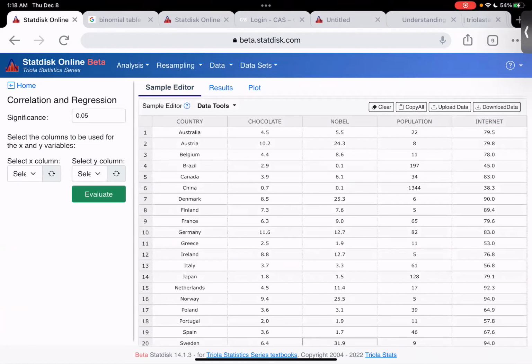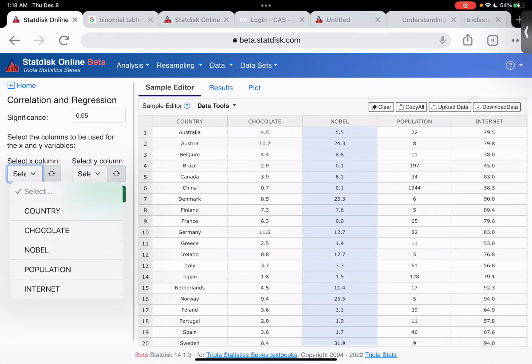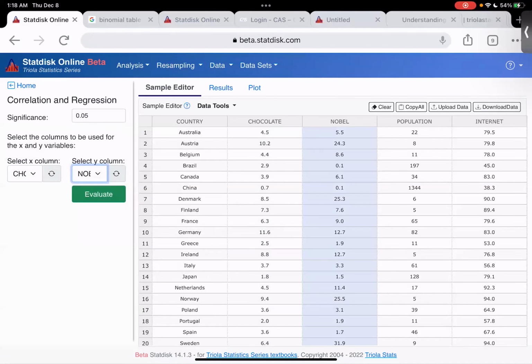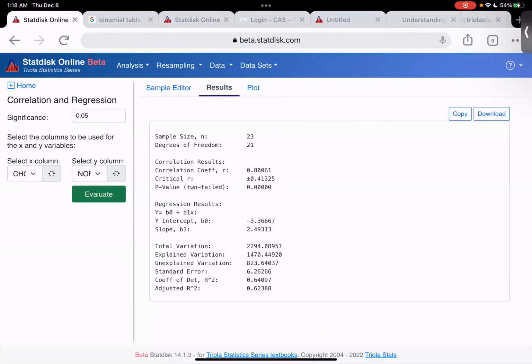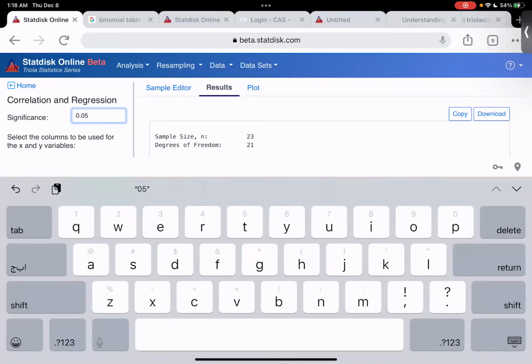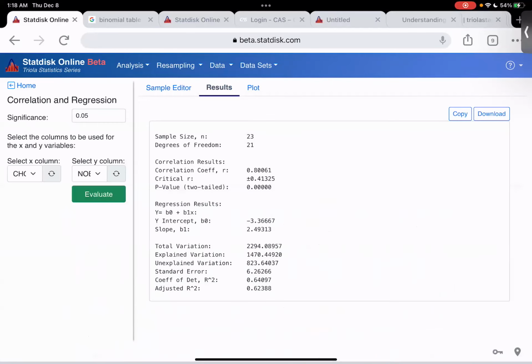This is the same example in your book, and we will use those two variables, chocolate and Nobel, right? Choose one of them, no matter which, and then the other one here, and then we find the relationship. The significance level alpha we use is equal to 0.05.